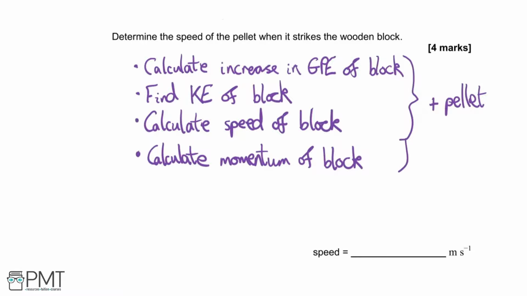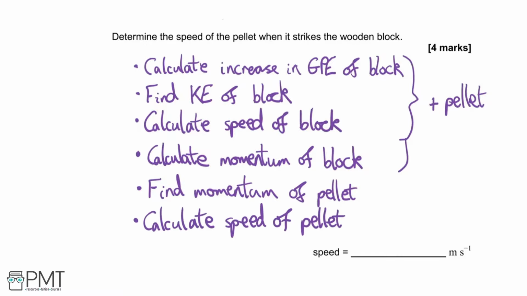And then once we've got that, we know that due to the conservation of momentum within a collision, whether it's elastic or inelastic, which we'll come to later, that should also be the momentum of the pellets before the collision, because remember the block was stationary before the collision, so the only momentum in that situation was whatever the pellet had to begin with. Notice how there I've said find rather than calculate, because it should just be the same as the momentum of the block. The last thing that we need to do is then calculate the speed of the pellet from its momentum.